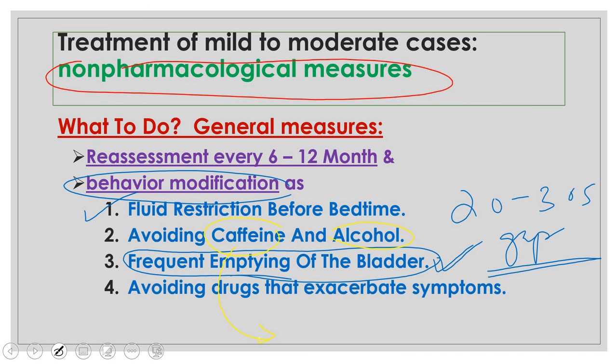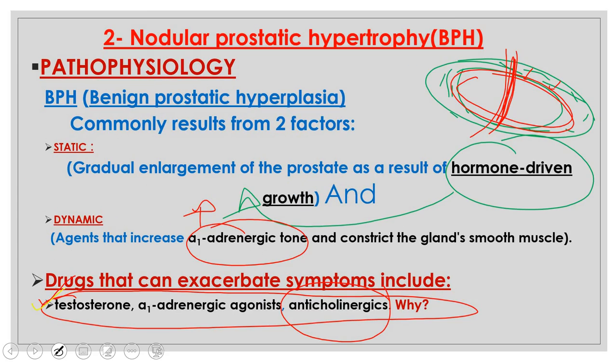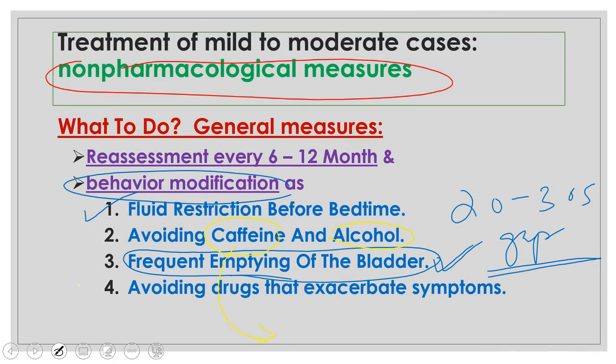So adrenergic tone is increased, and that's why we advise the patient to avoid caffeine and also avoid the drugs which exacerbate the condition. You will avoid this class of drugs because they are going to exacerbate the patient.